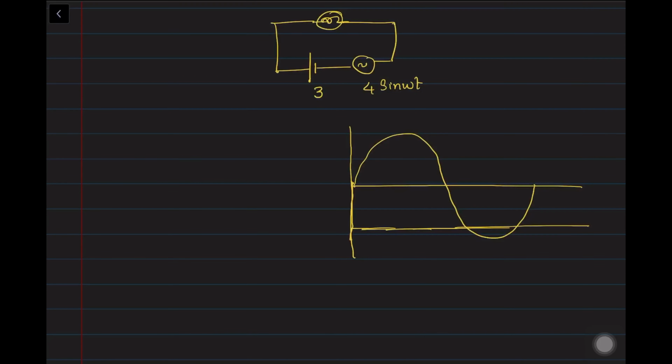This is my real reference line, and this part is my 3 volt and this part is my 4 volt, which means there is a small portion below coming under the original reference line, which is our -1.